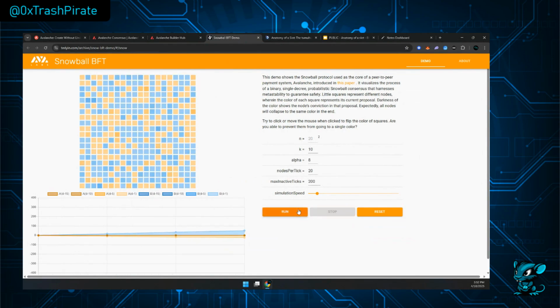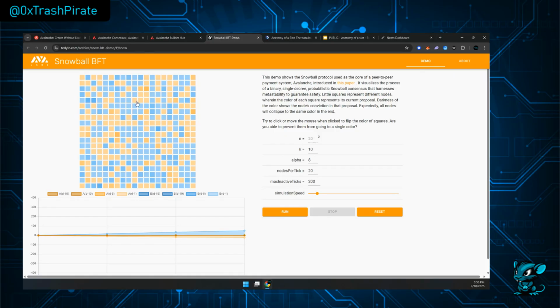They have a really nice demonstration here. So let me reset this. This is essentially how it works. Each of these squares you can think of as a validator that has an opinion whether a block is valid or not, or whether it's faulty or not.